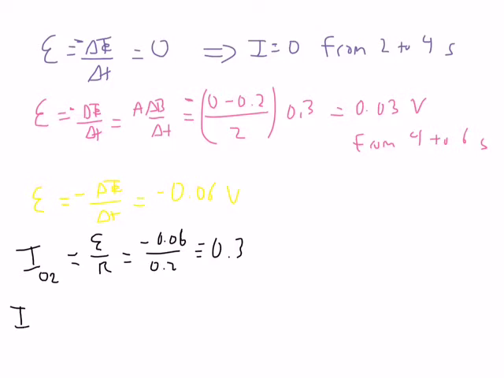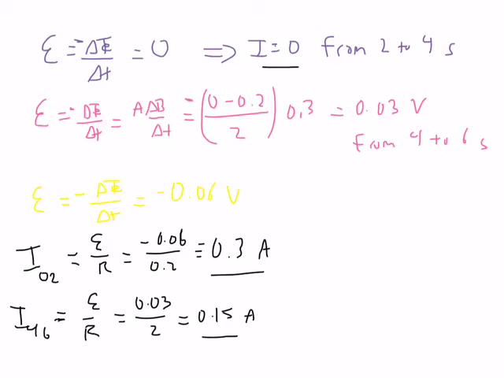We already calculated the current from 2 to 4, because it's just 0. And so now we have our three regions calculated.